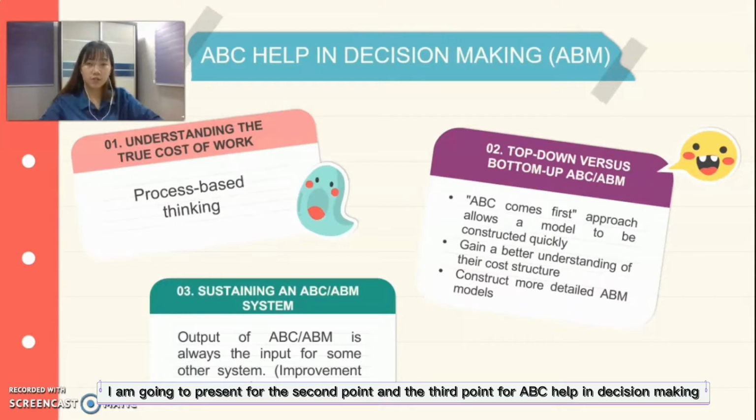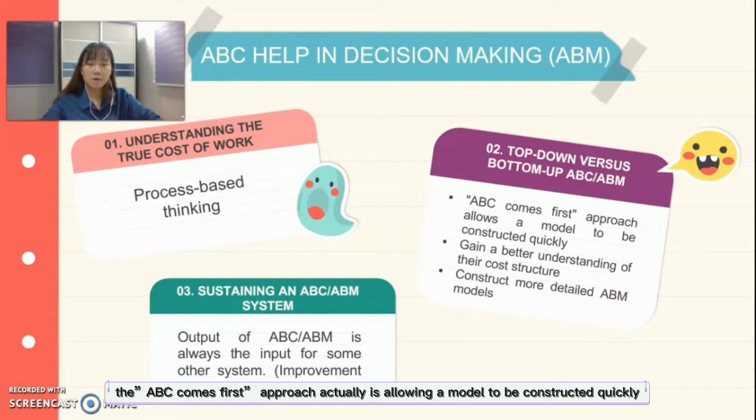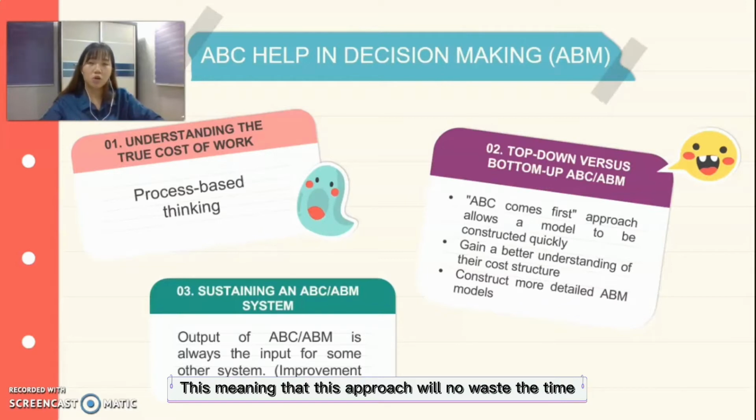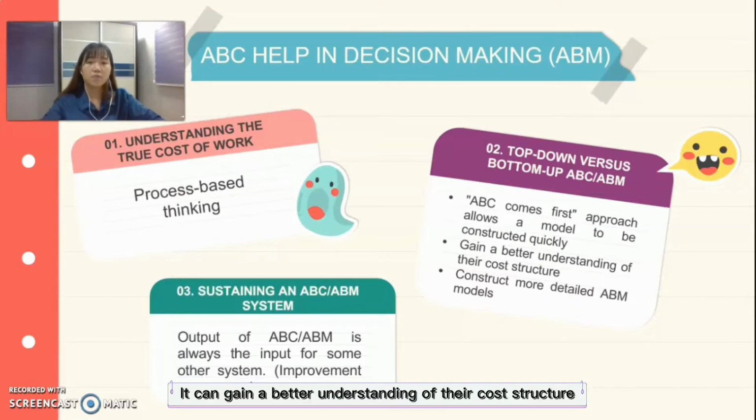Now I will present the second point and the third point for ABC help in decision making. So for the second point, top-down versus bottom-up for ABC and ABM. The ABC first approach allows a model to be constructed quickly. This means that the approach will not waste time and helps the manager make decisions at once.